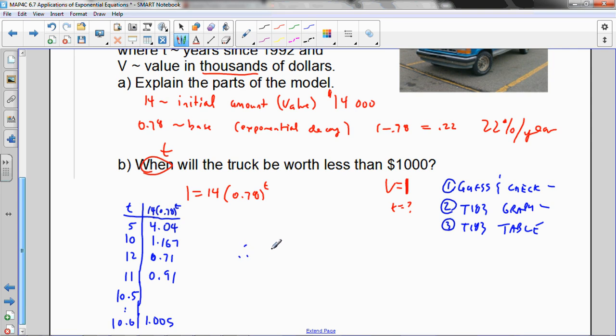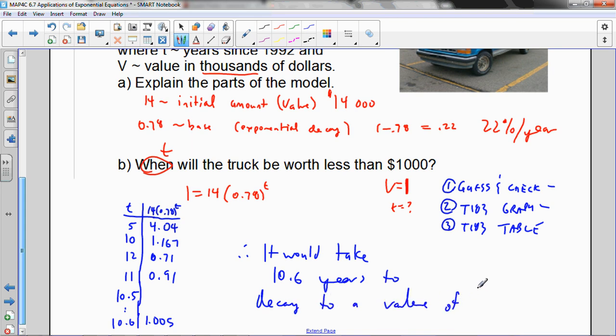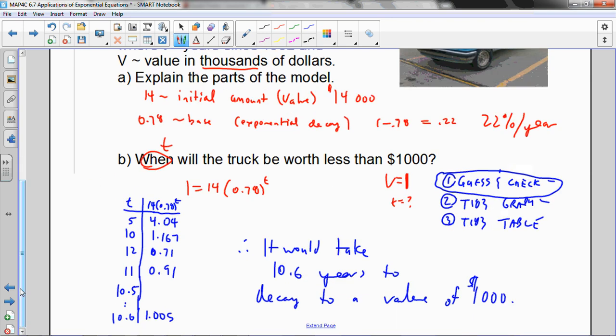So we would say, therefore, it would take 10.6 years to decay to a value of $1,000, about. Okay, and that was using the guess and check technique. That was using this one. And in the next couple examples, we'll see the other ones. Okay, let's keep going.